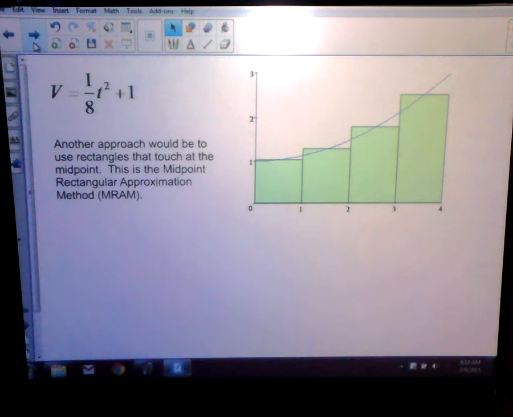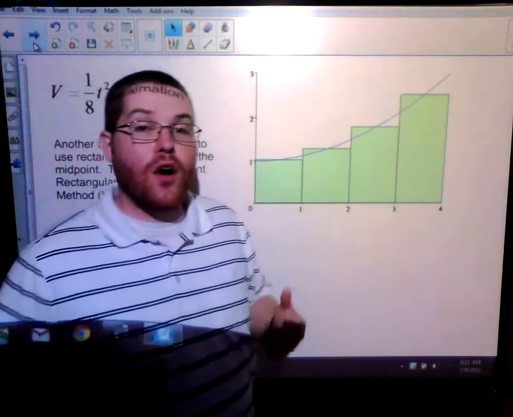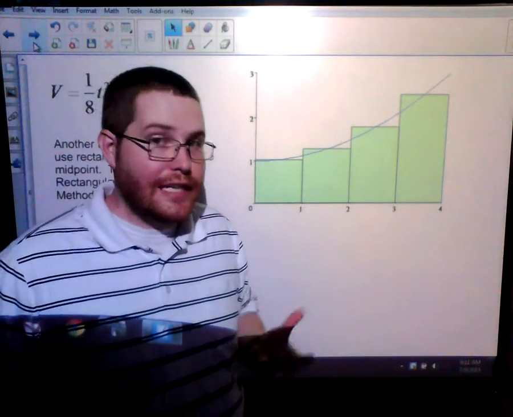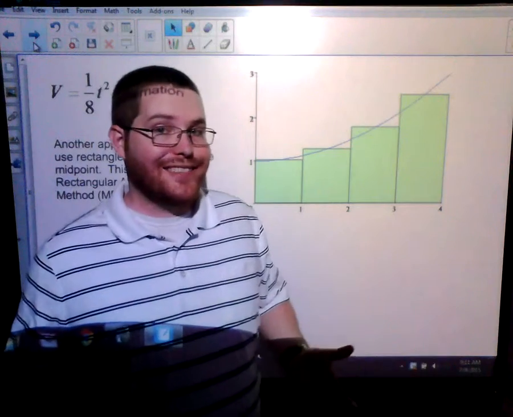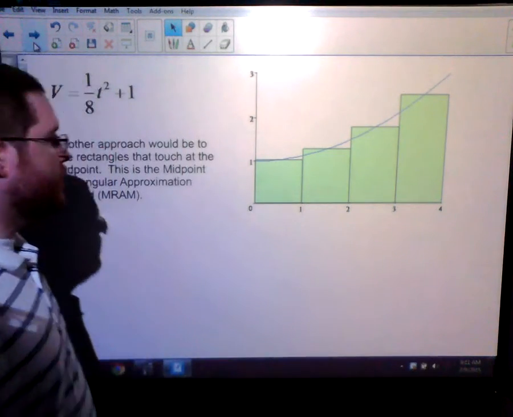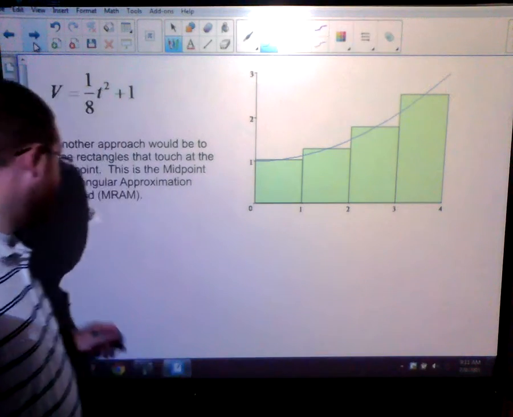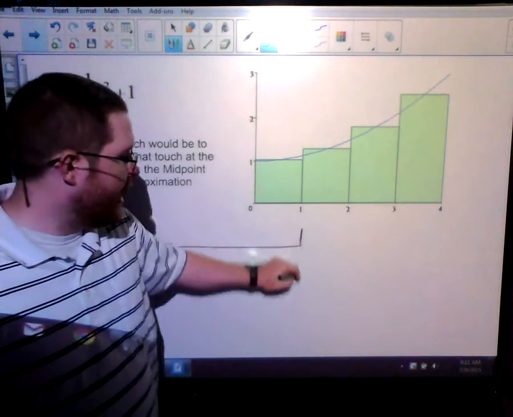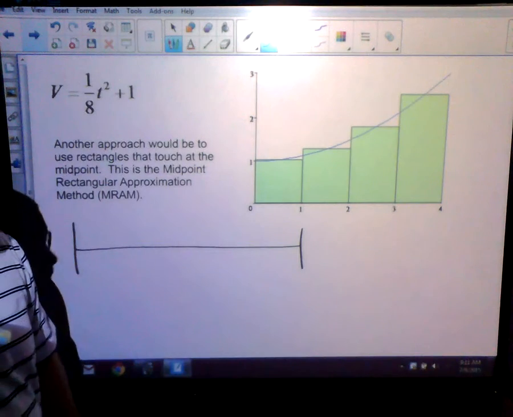MRAM. Put the rectangle right in the middle of the curve. MRAM is the hardest one to do, and it's the least used because you're only estimating, so why do I need to be really accurate for an estimation? But I'm going to show you how to do it. Let's make a table. But this time, I don't want to use 0, 1, 2, 3, and 4.